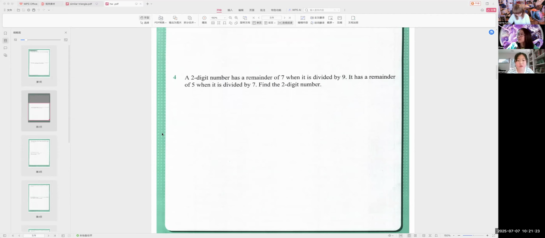A 2-digit number has a remainder of 7 when it is divided by 9. It has a remainder of 5 when it is divided by 7. Find the 2-digit number. Okay.